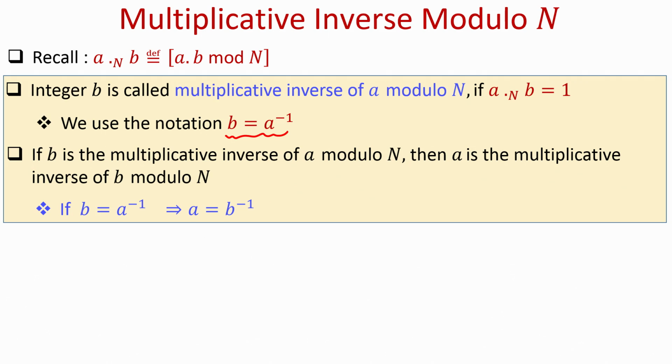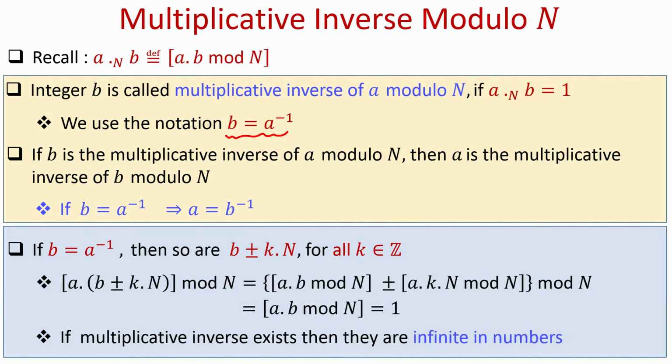And the basic fact here is that if b is the multiplicative inverse of a modulo n, then a is also the multiplicative inverse of b modulo n. And it turns out that if we have one multiplicative inverse of A modulo n, namely a B such that A times B modulo n is 1, then so is B plus any multiple of the modulus n.